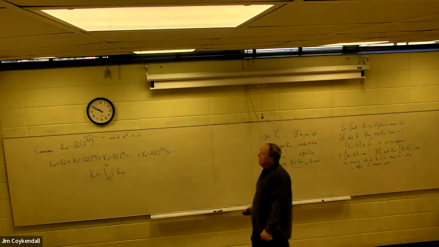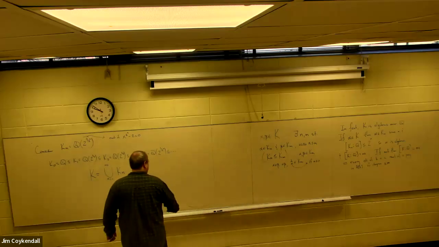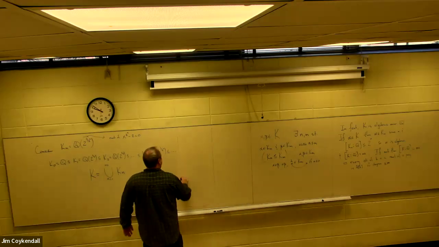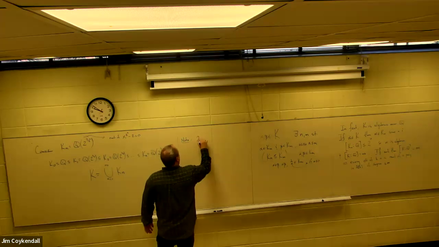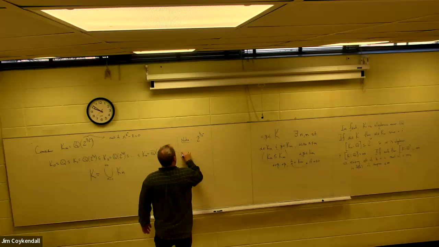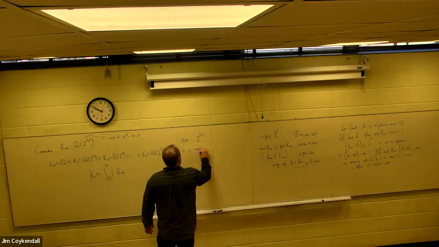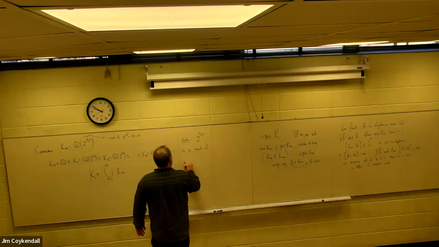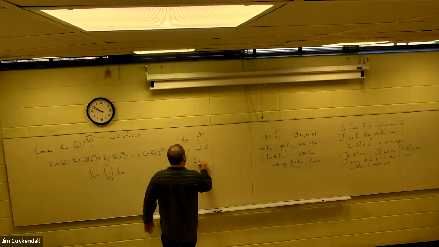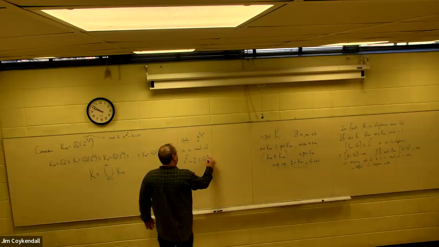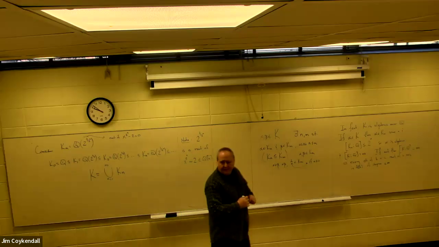So every element is a root of such a polynomial. Now notice that 2 to the 1 over 2^n is a root of x to the 2^n minus 2 in Q[x]. Do I agree with that?